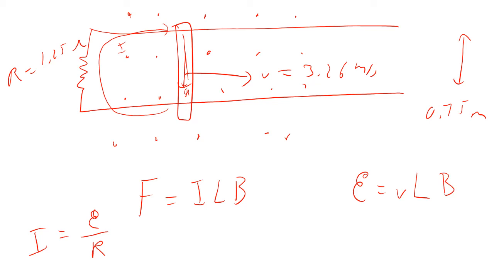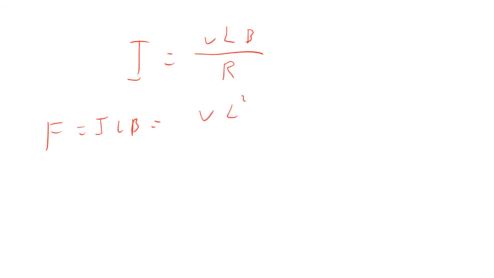Okay, so that means the current is going to be equal to the velocity times the length times the magnetic field divided by R. So that gives me the current, and then the force, which is ILB, is going to therefore be V L squared B squared over R.